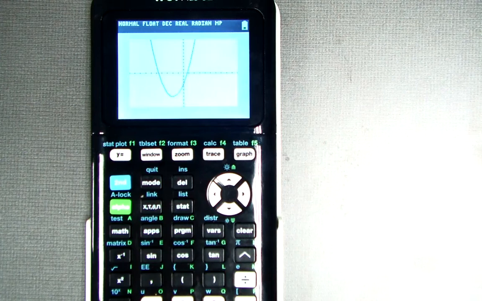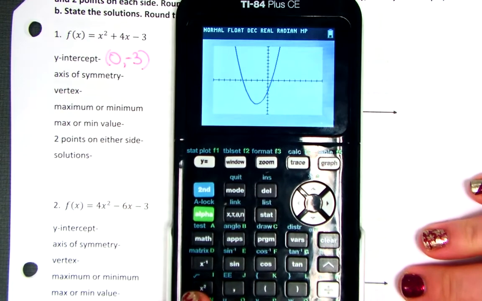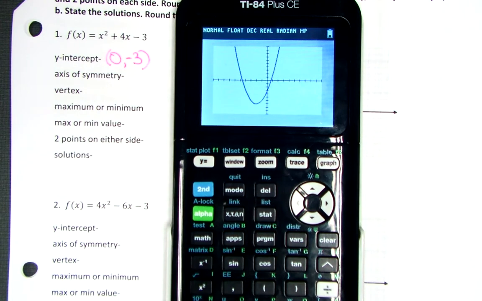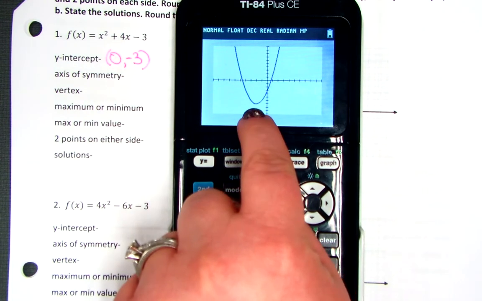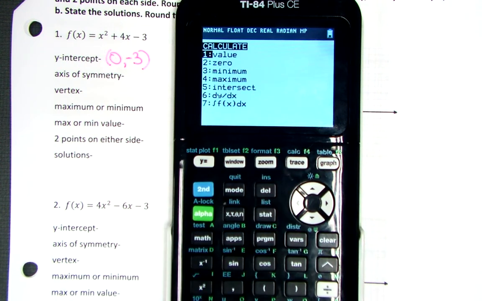So let's actually take a second to find as many points as we can using our calculator. Here, we'll put that underneath because it seems to be a little easier to read with it underneath. Starting with the vertex. Once we've identified whether it's a minimum or maximum value, we can press second and calc to find the vertex.